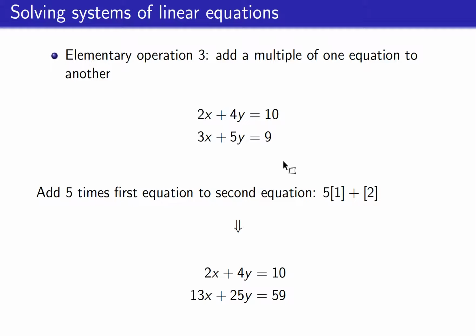The second equation we modify by adding some multiple of this one, in this case 5 times this one added to this one. This is the notation I'll use: 5 times equation 1 plus equation 2, and this means this operation.